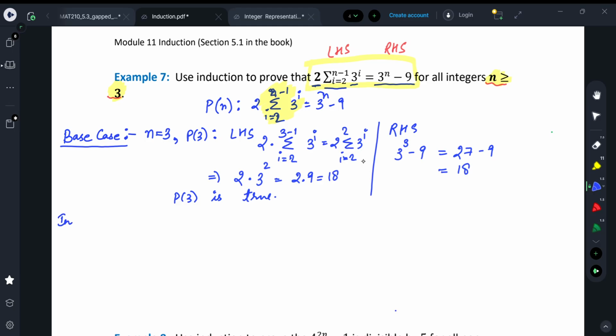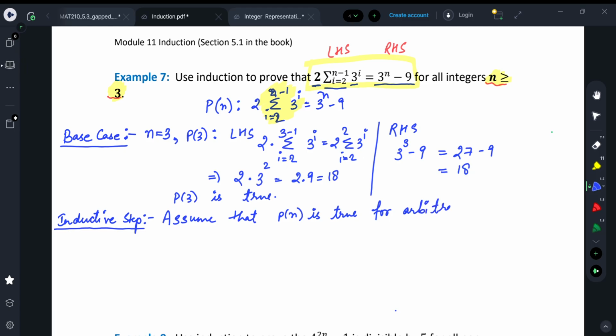Okay, then we go back to the inductive step. These steps will stay common for every proof question that you'll see. Inductive step is I need to assume that Pn is true for an arbitrary integer n where n is greater than or equal to 3.